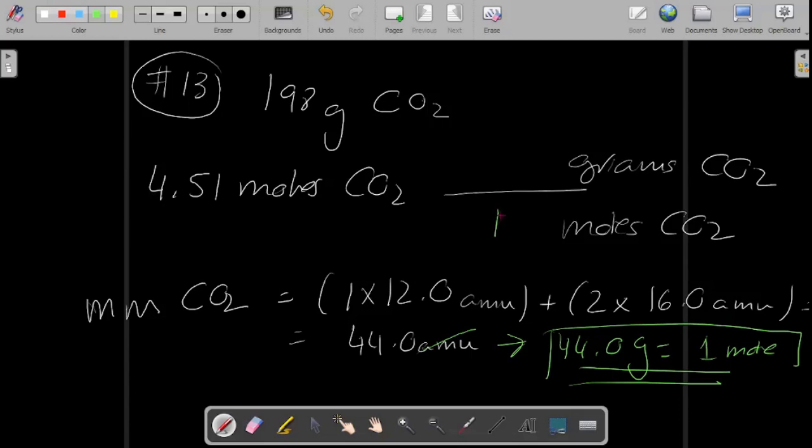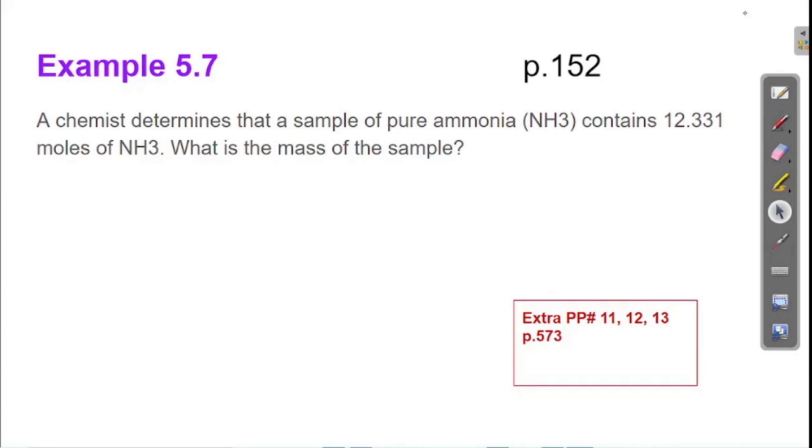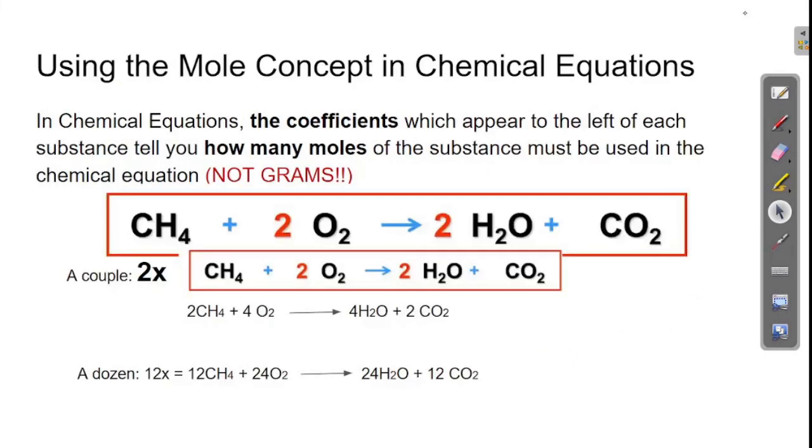So 1 mole of carbon dioxide, this is all about carbon dioxide, is 44.0 grams. If you do the math, you get the answer right here. 198 grams of carbon dioxide in 4.51 moles of carbon dioxide. Okay. Ask questions in class when we meet again if you still have problems with this.